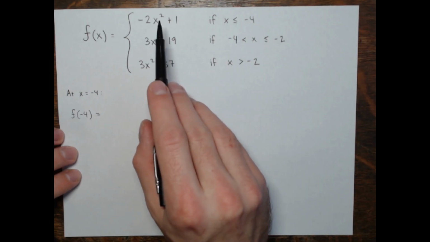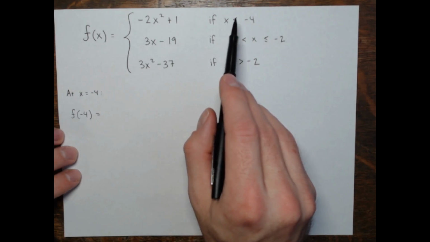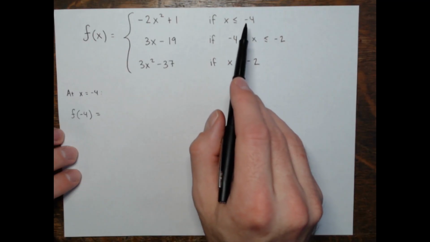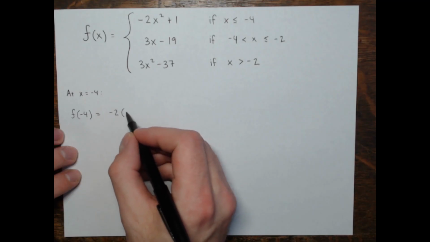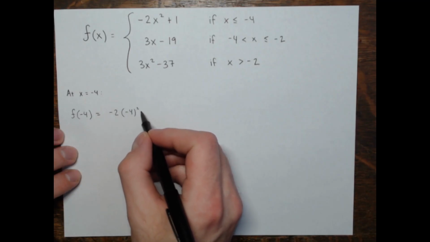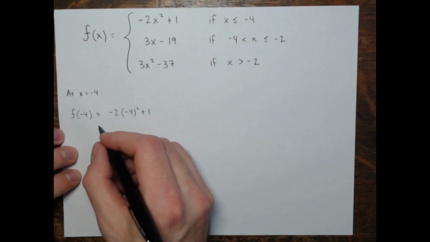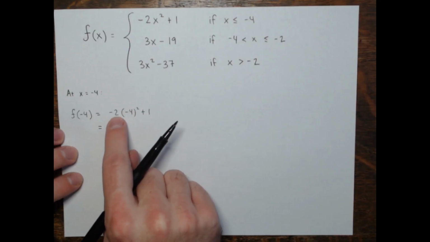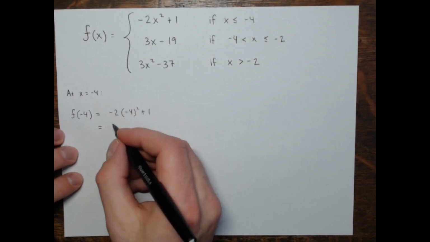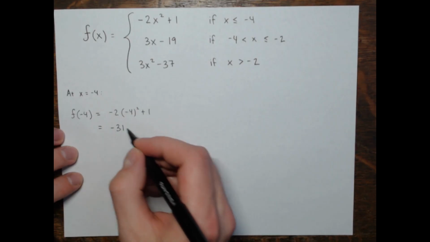See, I'm going to this expression when x is less than or equal to -4. So I'll be plugging into that top piece, -2 times -4 squared plus 1. And -4 squared is positive 16. Times -2 is -32, plus 1 is -31.